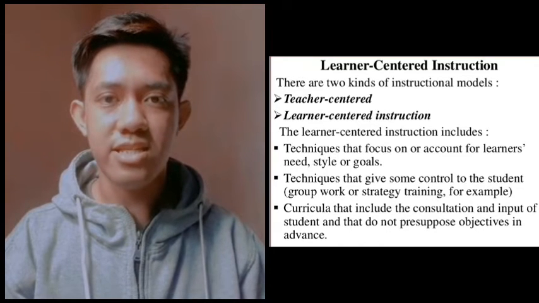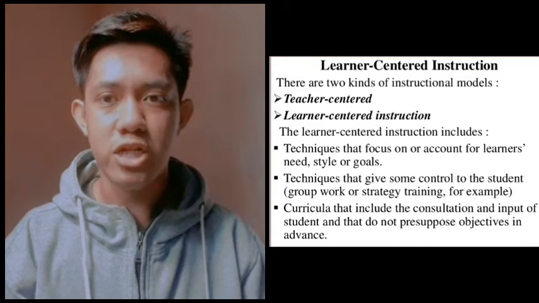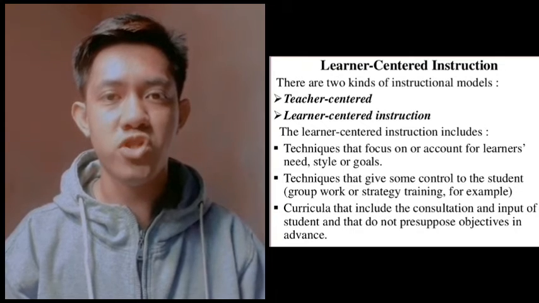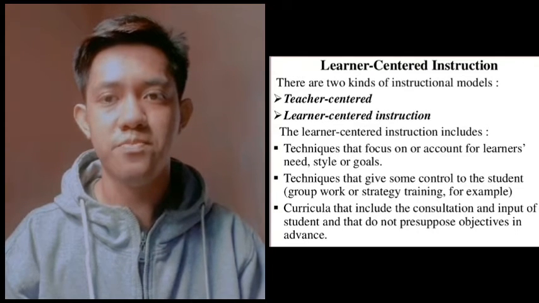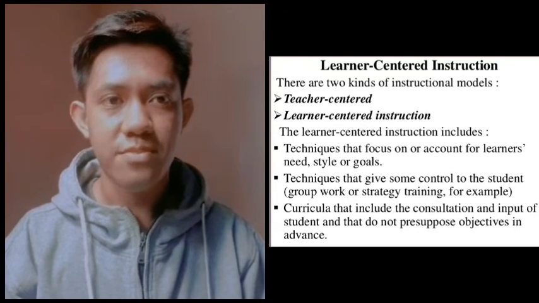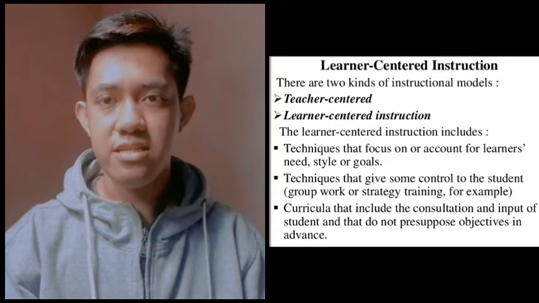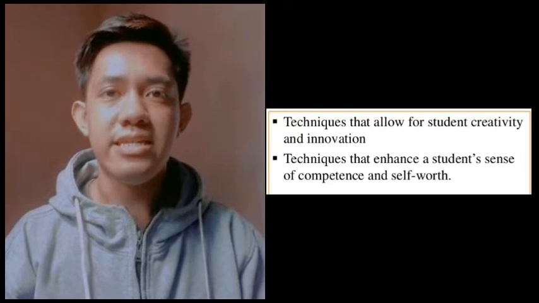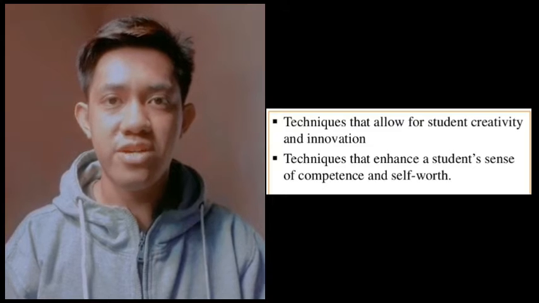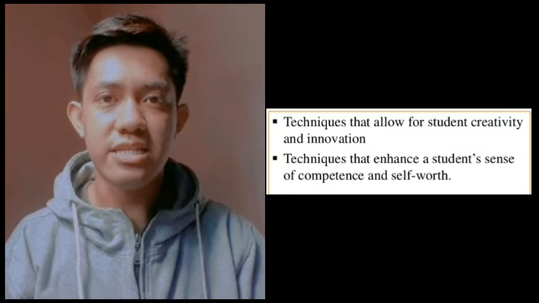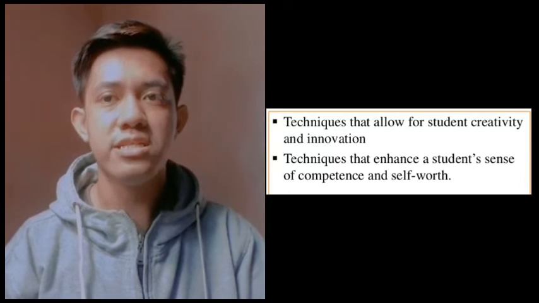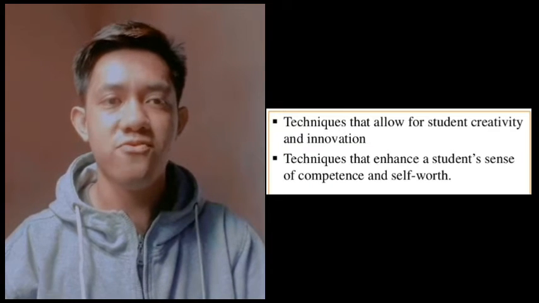Third, curricula that include the consultation and input of students and that do not presuppose objectives in advance. And techniques that allow for student creativity and innovation, and techniques that enhance a student's sense of competence and self-worth.